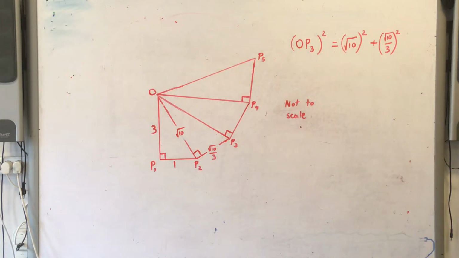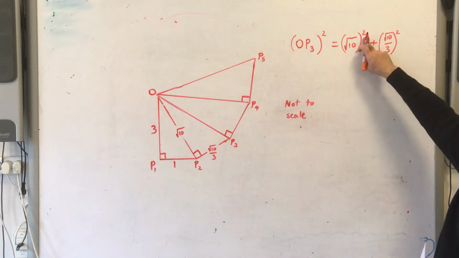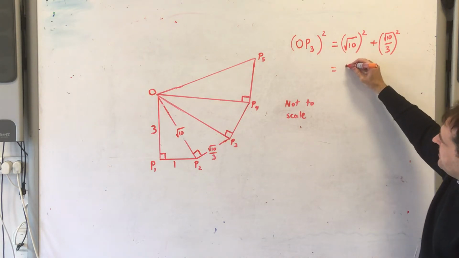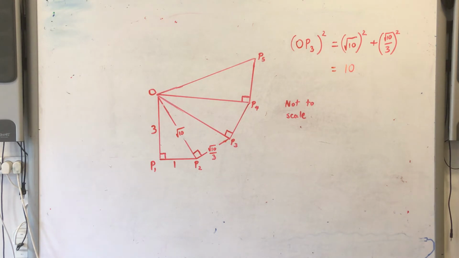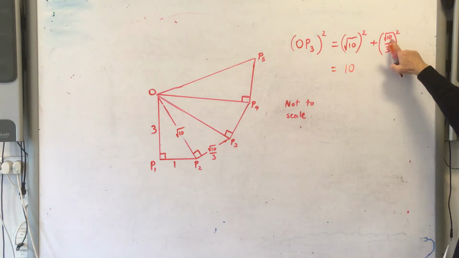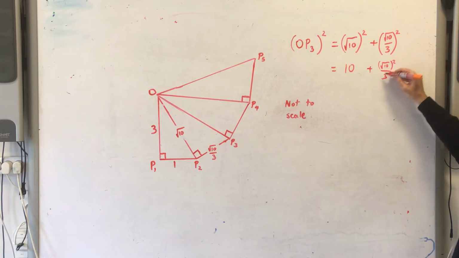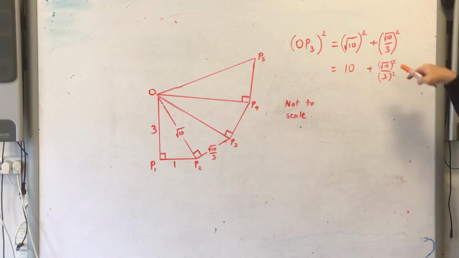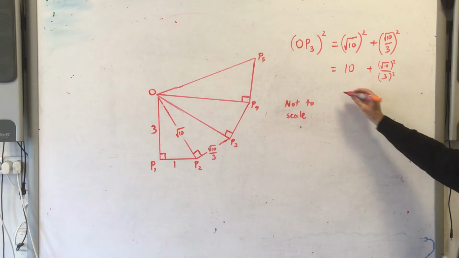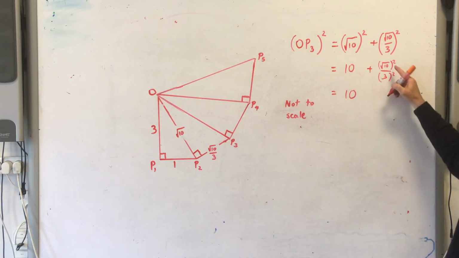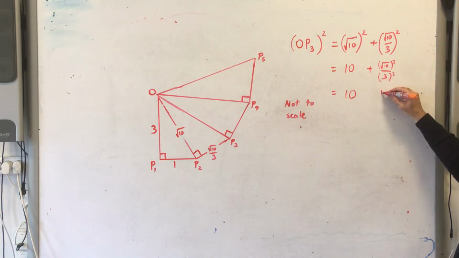So that's just putting in all of the things we know into Pythagoras, and square root of 10 and squared cancel each other out, so that bit is just 10. Square root of 10 divided by 3 is the same as root 10 squared over 3 squared. You can square separately the top and the bottom. Square root of 10 squared is just 10. They cancel each other out. And 3 squared is 9.